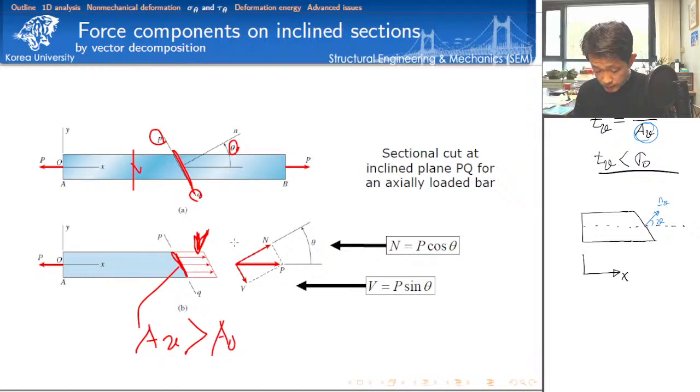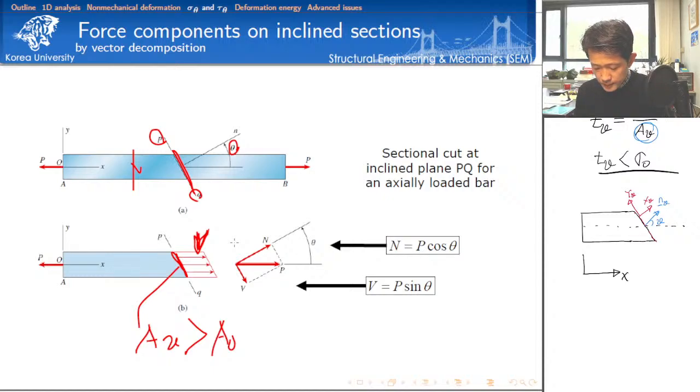Now we want to consider another coordinate system because we are talking about what happens on this surface. That's why I'd like to introduce a coordinate system following the right-hand rule: x theta and y theta. As you can see, my coordinate system has been rotated by angle theta, isn't it?